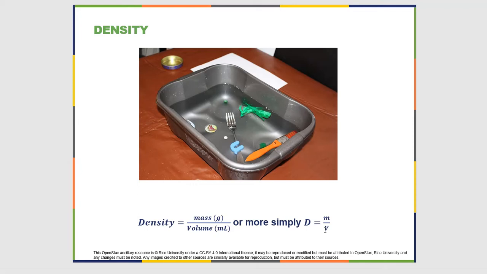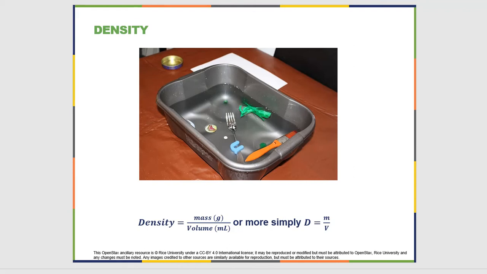In fact, in the lab, if you take the lab here at UAlbany, you will actually measure the density of sugar water solutions and use it to find the amount of sugar in Coke or some other commercial soft drink. So here we have density equals mass divided by volume. If we look here, we have a pail of water, and you can see some objects are more dense than water. So a fork, which may be made out of iron, for example.